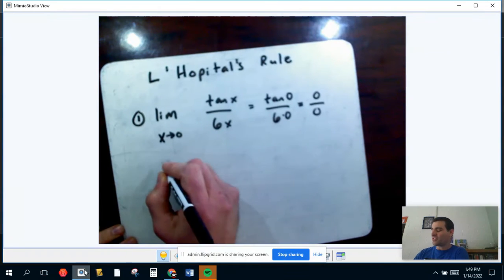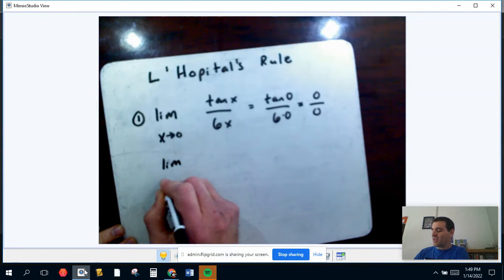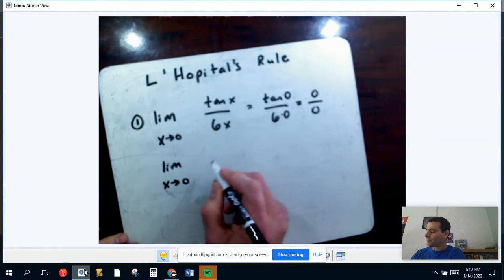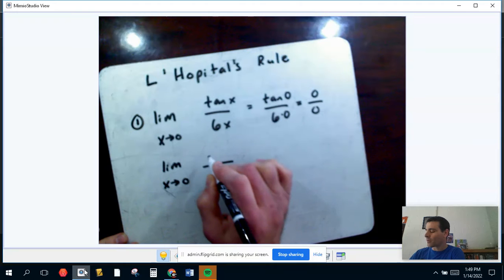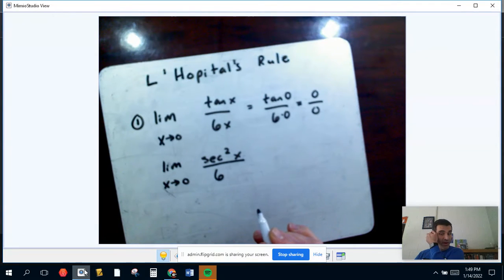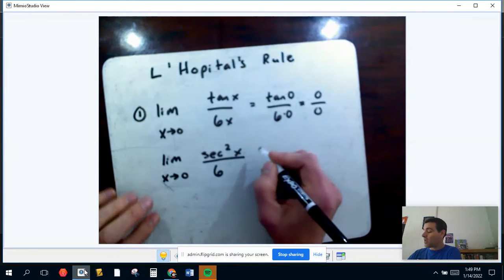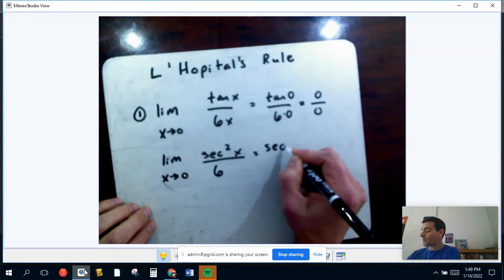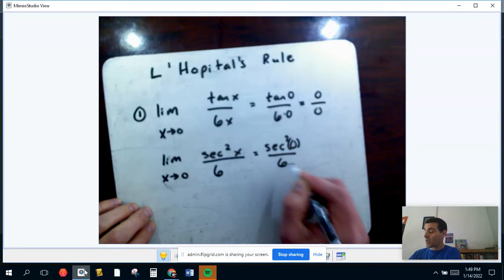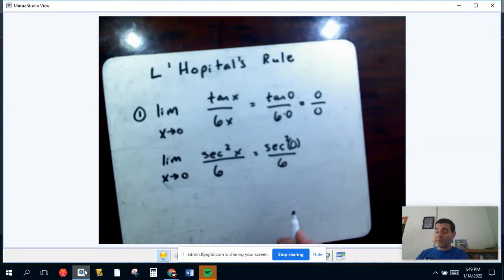But L'Hopital's rule suggests that if you get an indeterminate form, just take the derivative of top and bottom and try again. Okay, so if you do that, you get secant squared x over 6. Again, plug the 0 in. Secant squared 0 over 6. Well, the cosine of 0 is 1.